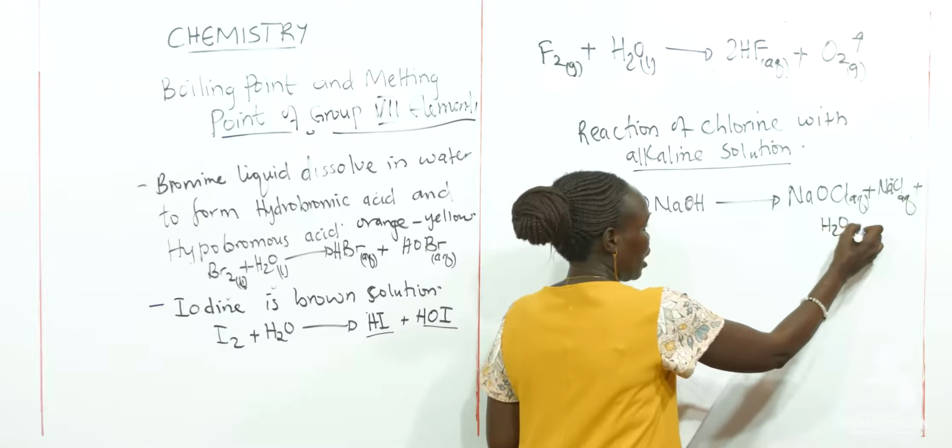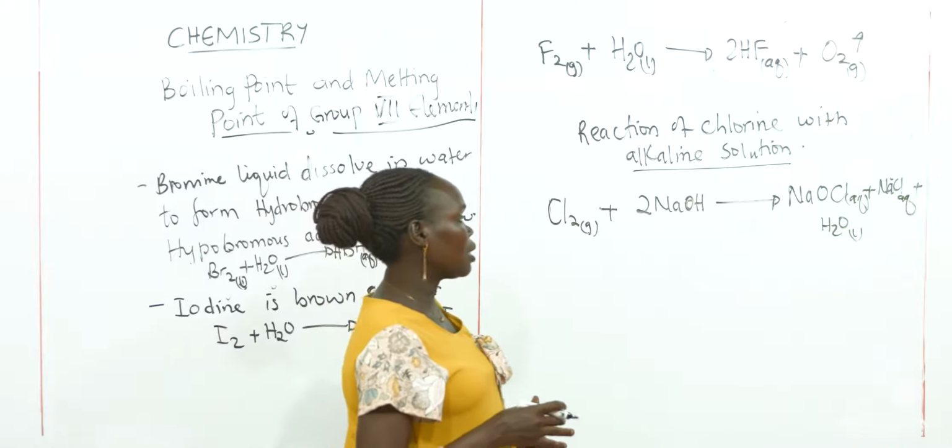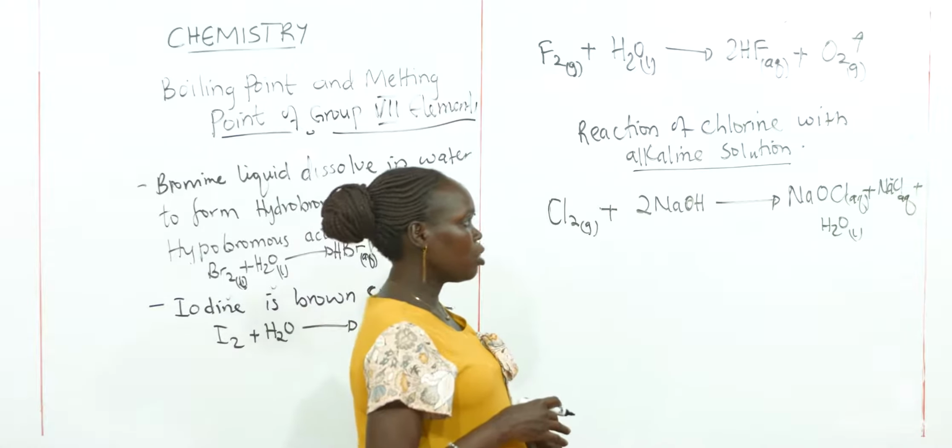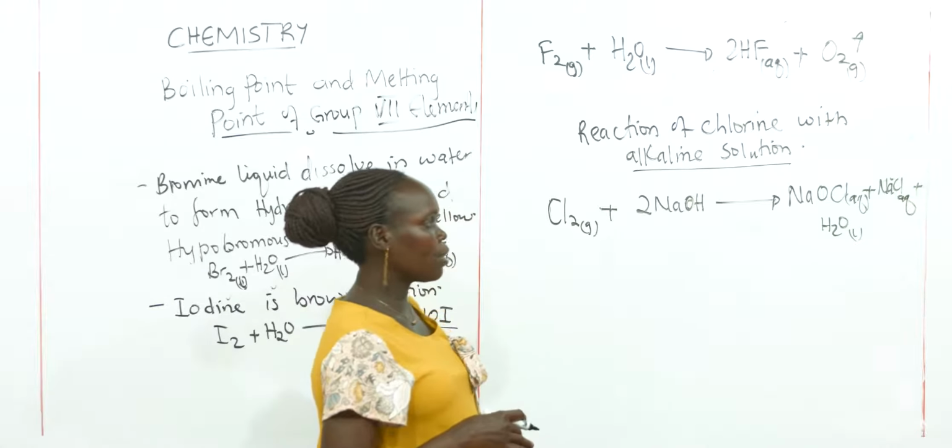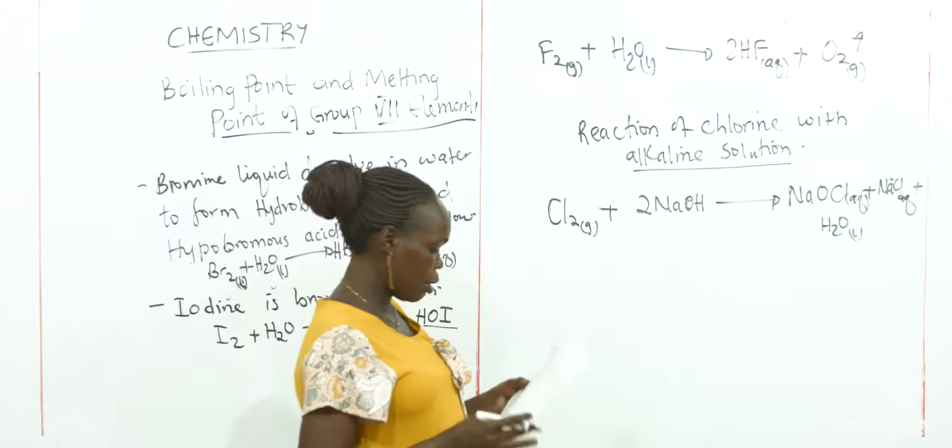So water here is one of the byproducts when there is a reaction of chlorine with one of the alkaline solutions. So in this case, we shall have chlorine plus 2 molecules of sodium hydroxide giving us sodium hypochlorite plus sodium chloride and water as a byproduct.